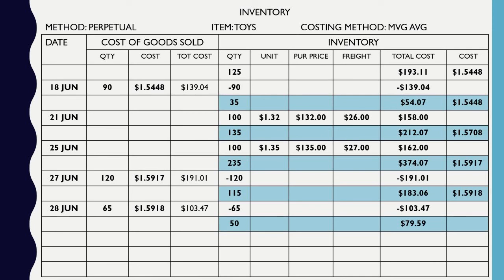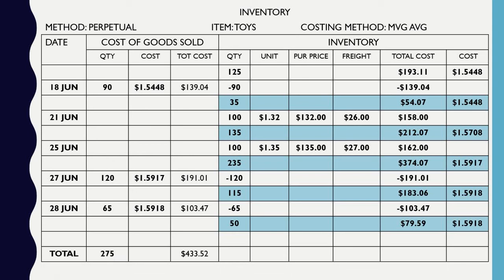Once again, you recalculate your average cost to now be 159.18. So now it's permanent. And then, of course, at the end of the day, that's exactly what we have left on our inventory on hand: on June 30th, we should have 50 items remaining in our inventory.